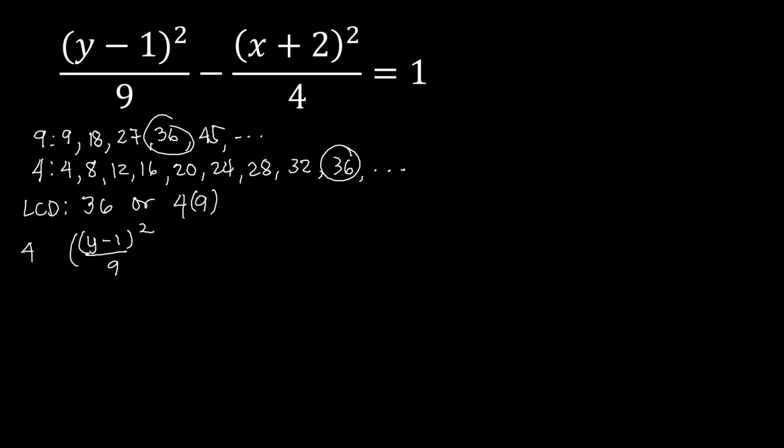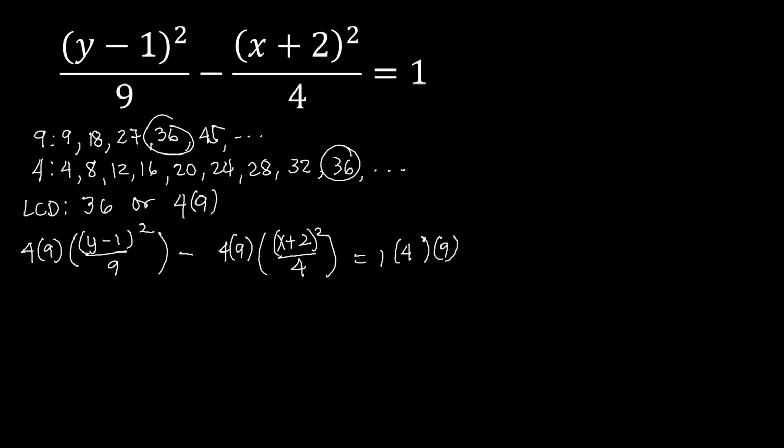So I'll be using 4 times 9 so that it will be easier for me to cancel later on. So we have minus, and then 4 times 9 as the LCD multiplying (x plus 2) squared over 4. That's equal to 1. We multiply also 4 and 9.